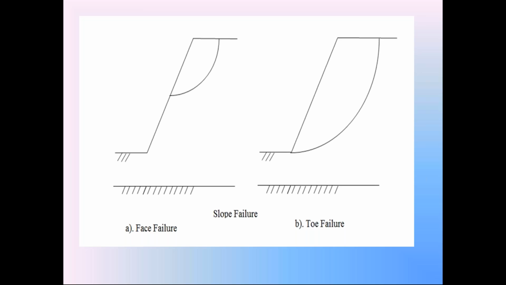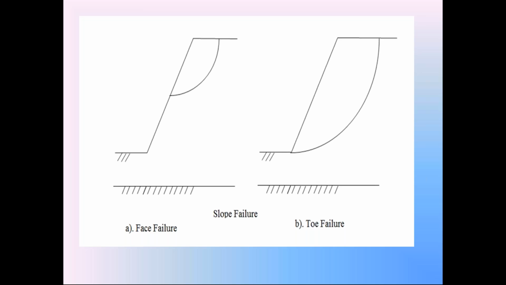If the curved failure surface in the rotational failure passes through the toe of the slope, this bottom portion, that is called toe failure.